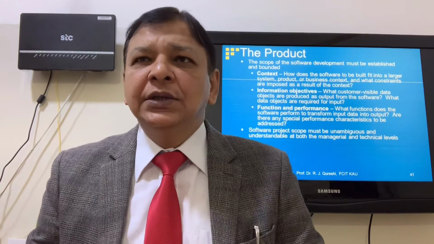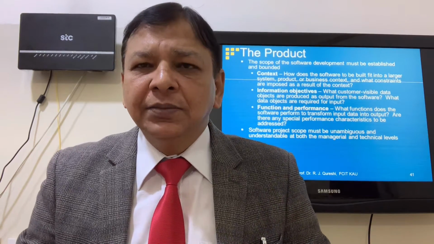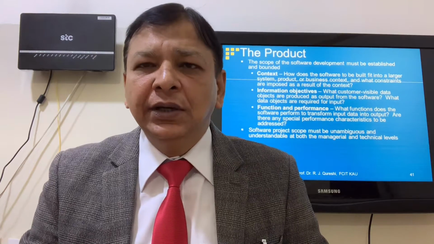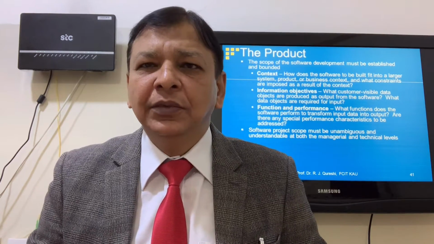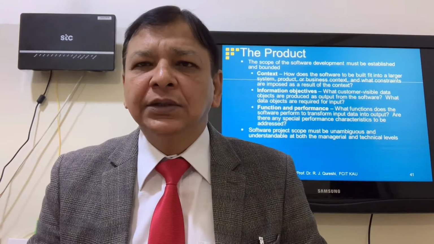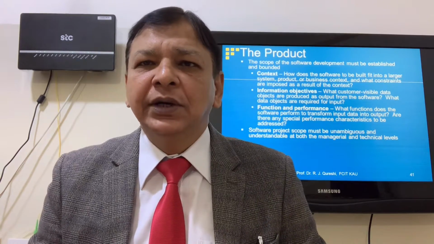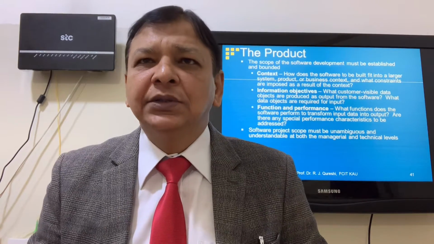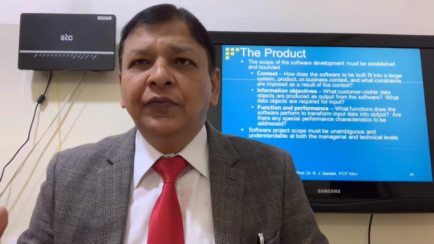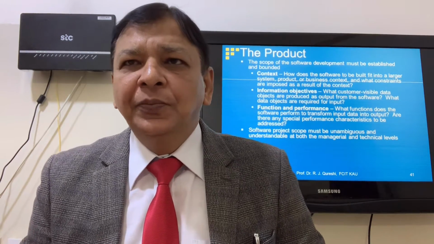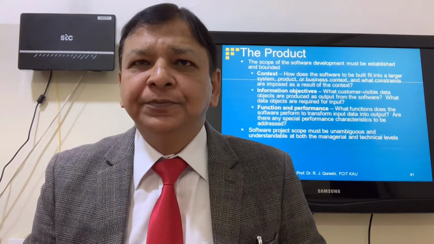What are the existing systems running at the customer side and what are the constraints regarding the integration of the new system with the existing system? For example, architectural constraints, platform constraints, integration constraints, language constraints, and then information objectives in terms of inputs and outputs.